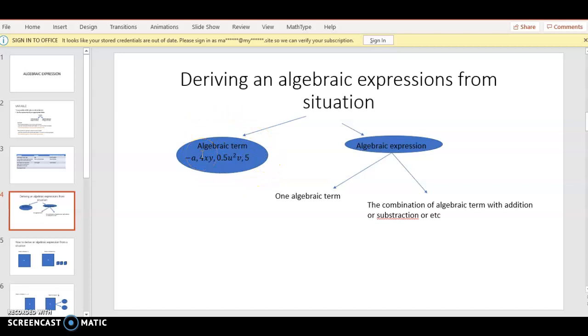An algebraic term is a number, or a product of a number with one or more variables. Here 4xy is a product of a number and variables, or only a variable, like negative a.